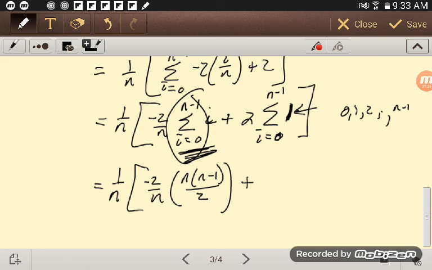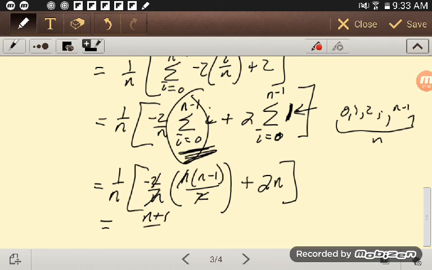That's actually a total of n things, so that's 2n again. And doing some cancellation, we get a minus n plus 1, so this turns into n plus 1 over n.